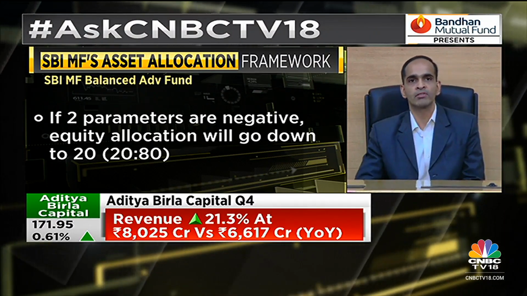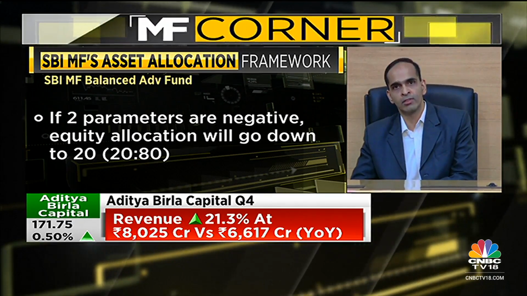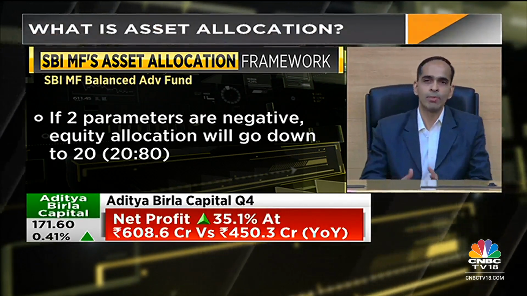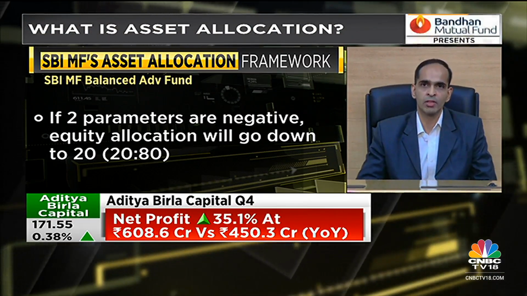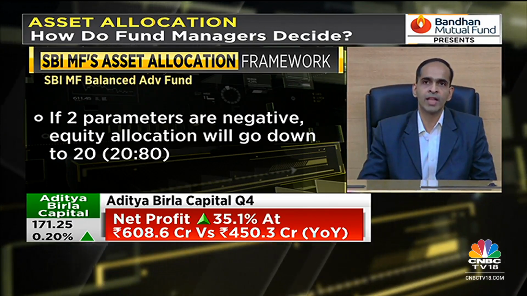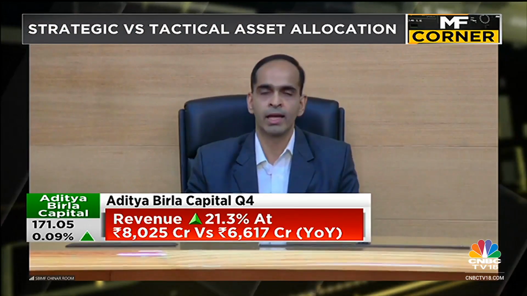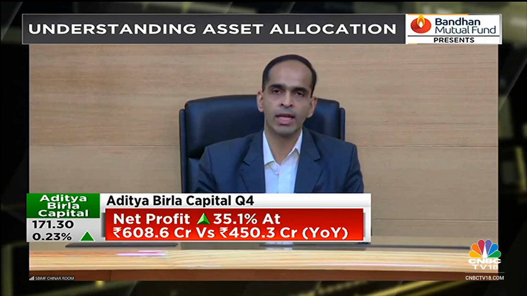If one parameter is negative, then the equity allocation will be around 40%. If all three parameters are neutral, then we'll go to 60% allocation to equity. So depending on the exact range for each of these parameters, whether they are signaling a positive or a negative signal, the allocation to equity can vary between 0 and 100%.